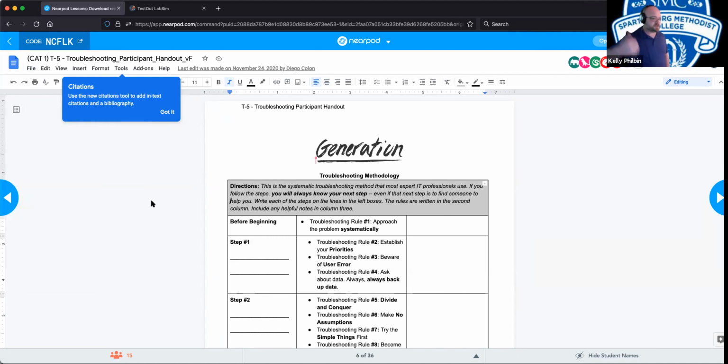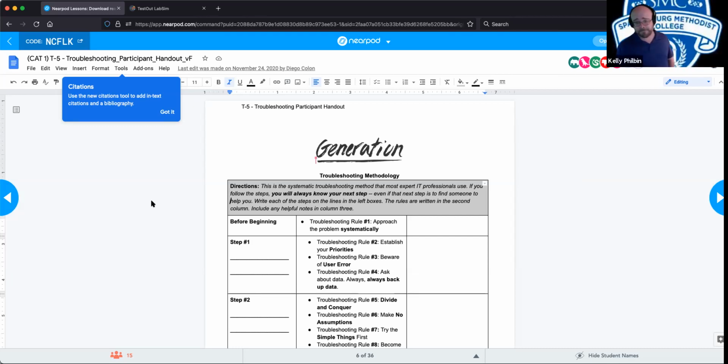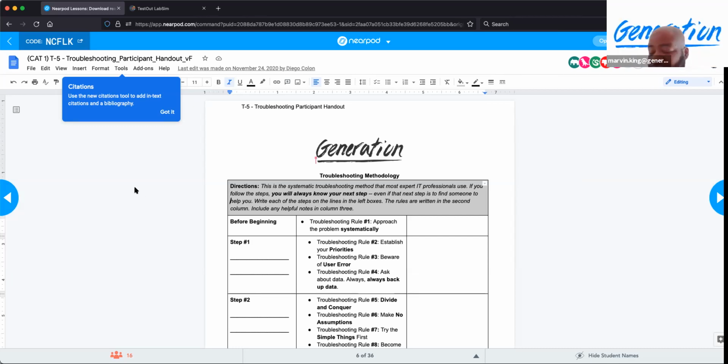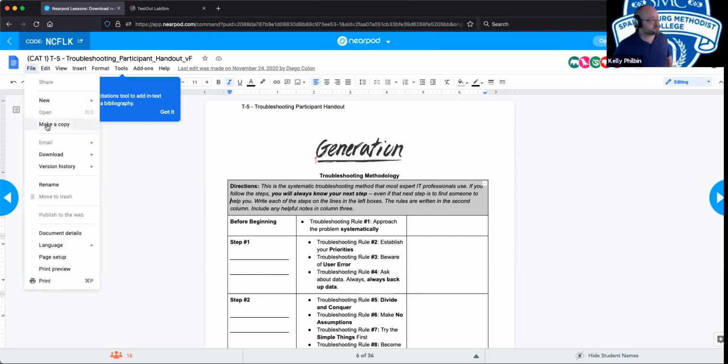Go ahead and give me a thumbs up when you're ready to go. Okay, thank you, Janina. What did you click on as make copy? File, and then let it drop down. File option, and then drop down to make a copy.